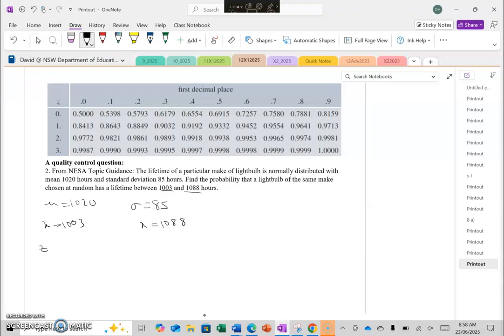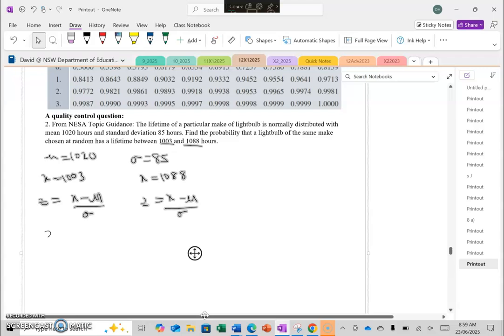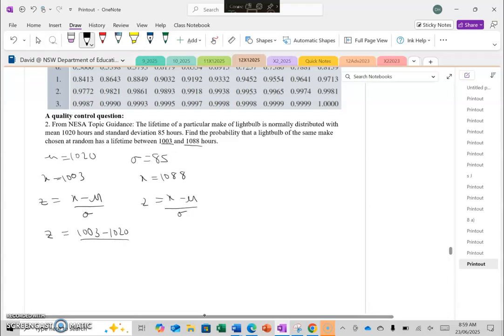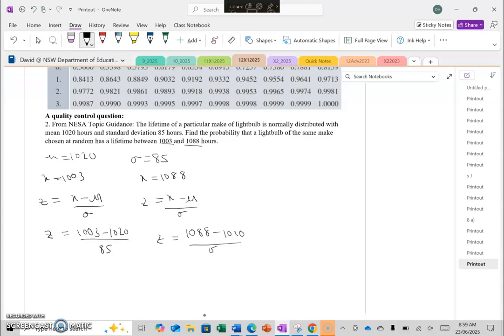Let's work out the Z scores. So x minus mu over sigma, x minus mu over sigma. Sub in. Sigma's 85.